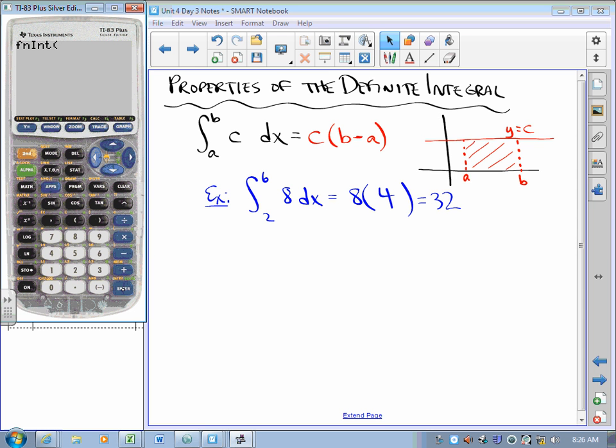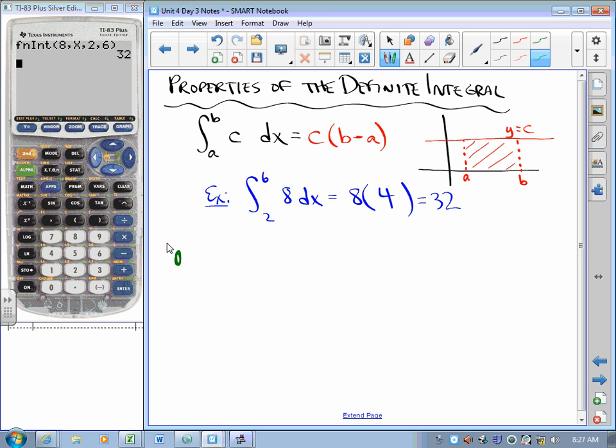So we take the integral of the function, and you have to tell the calculator 4 things: what the function is, what the variable is, because it's from Texas and it doesn't know, and then where to start and where to stop. And your calculator tells you what that integral is. So the technology confirms what the calculus already told us, and we're good to go.